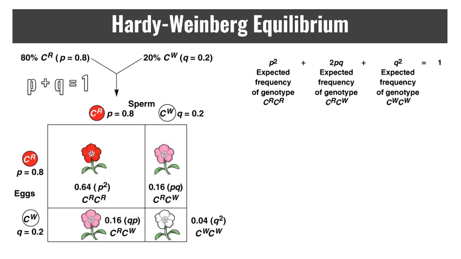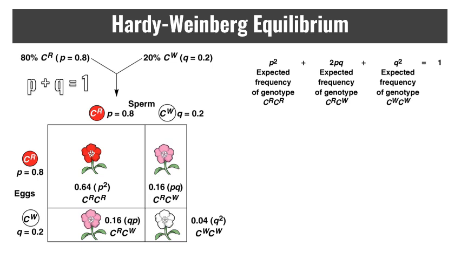So the frequency of P and the frequency of Q will equal 1. If you then FOIL that out and look at a diploid organism, you have three possible arrangements. You have homozygous dominant, which is represented by P squared, heterozygous 2PQ, and homozygous recessive Q squared, which cumulatively would represent 100% of the population.